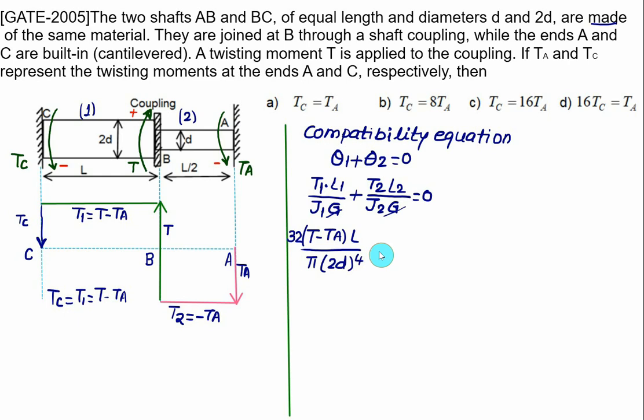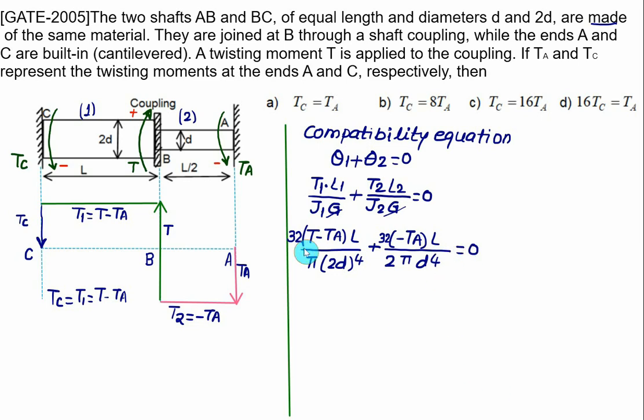The term G has already been cancelled, plus we have T2, which is equal to minus TA. So we have minus TA. L2 is L by 2, so we have L divided by 2. J2 is again pi by 32, with 32 in the numerator, and D2 is equal to D, so we have D to the power 4, equal to 0.